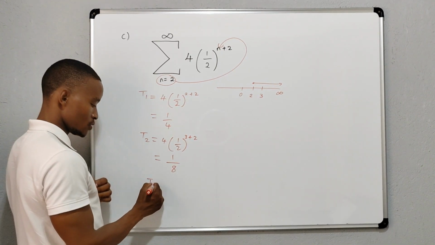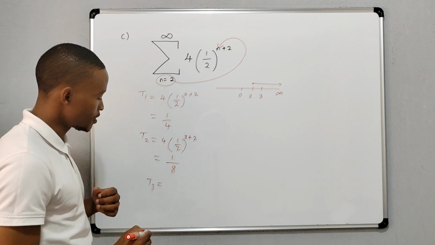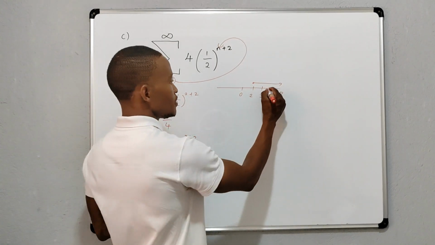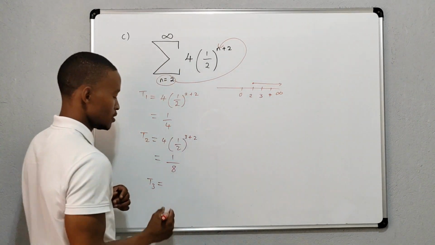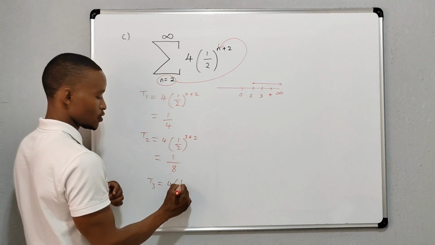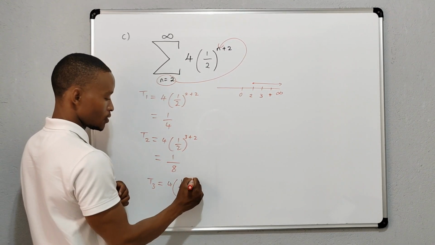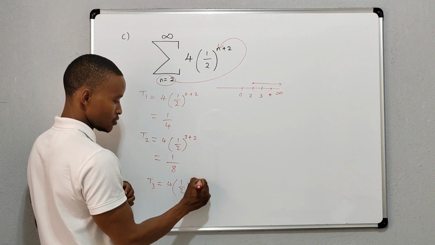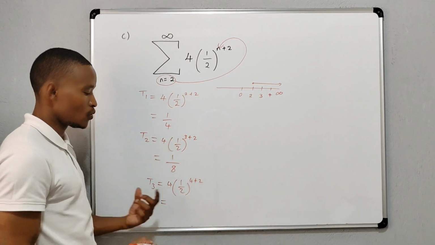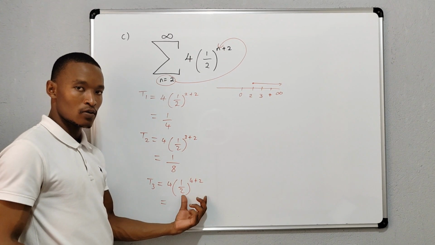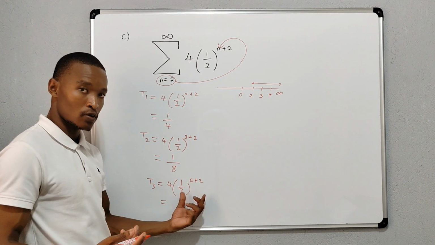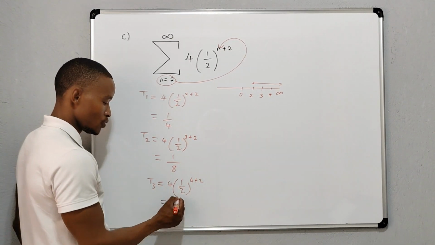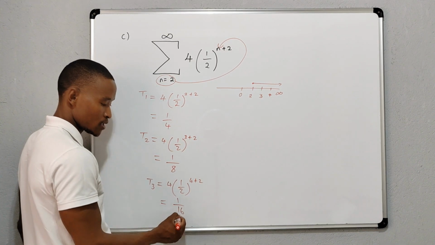The last one, let's do the last one. The next natural number here will be 4. So it's 4 times 1 over 2 to the power 4 plus 2, giving you what? 1 over 64 times 4, giving you 1 over 16.